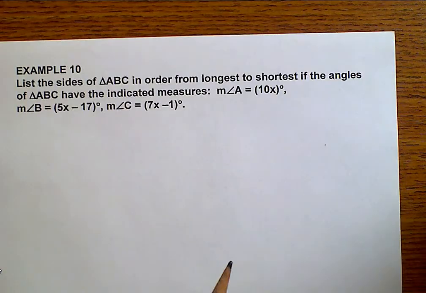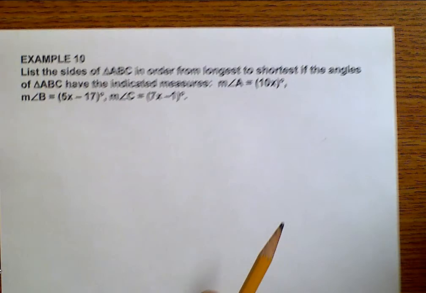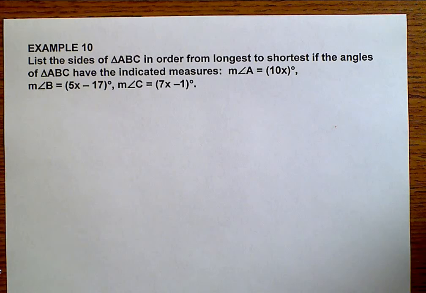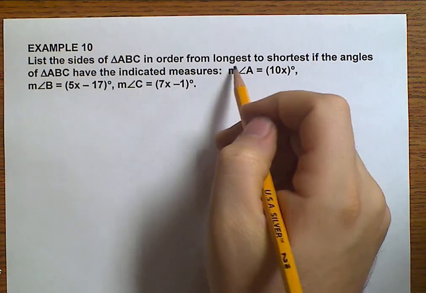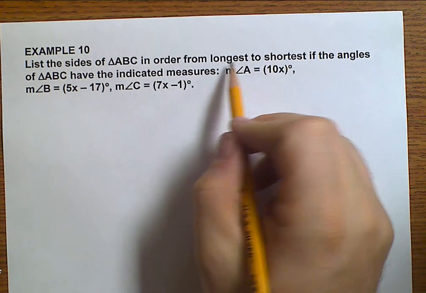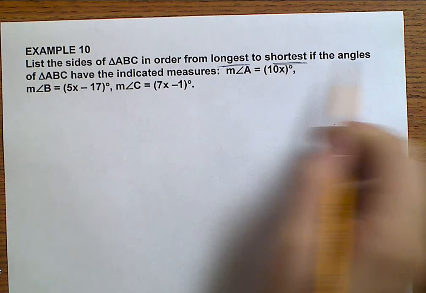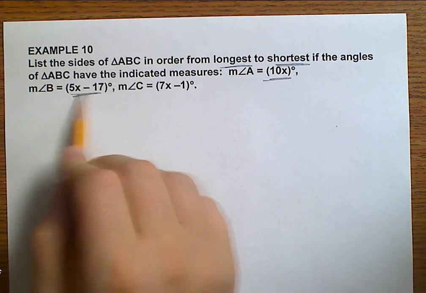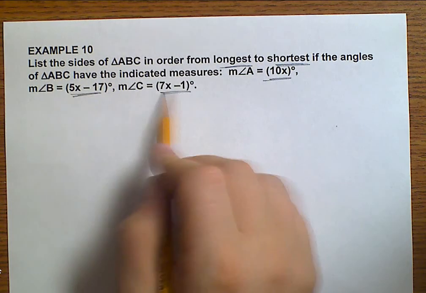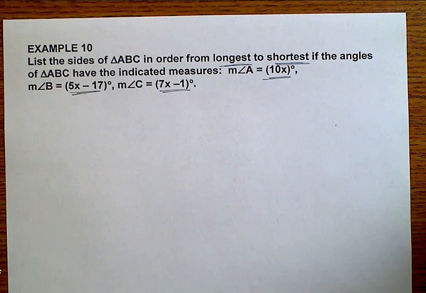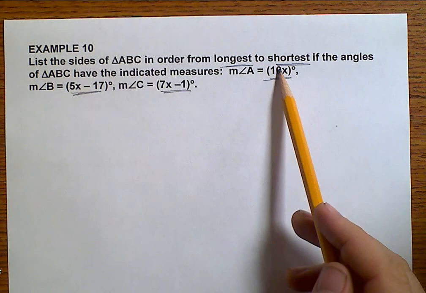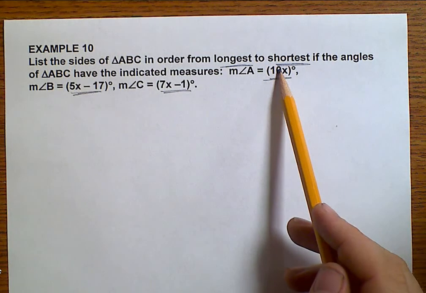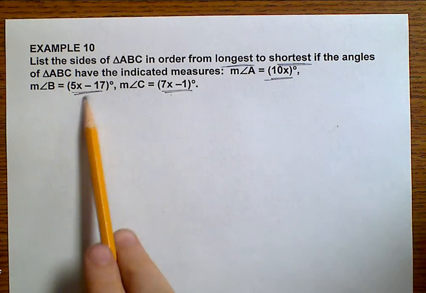And now for our last example. Here we're talking about a triangle ABC. We want to know what the sides are from longest to shortest. The angles have these measures: 10x, 5x minus 17, 7x minus 1. Well, I don't know which is the longest. I'm thinking that this is probably the longest. But out of these, I'm not sure which is the shortest.